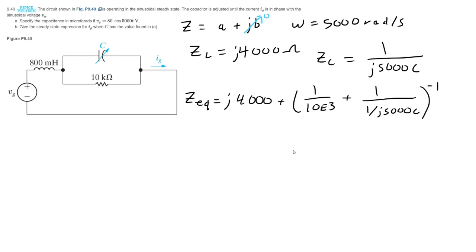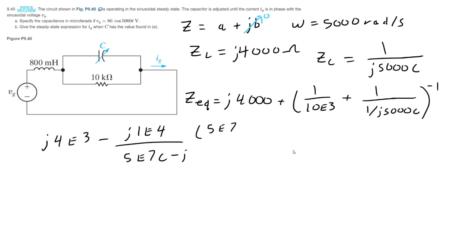So we know the J part is going to end up being 4,000 minus 10,000 divided by 5 million C minus the J. So we're going to multiply this by the complex conjugate, so it's going to be plus J over 5e7 C plus J.